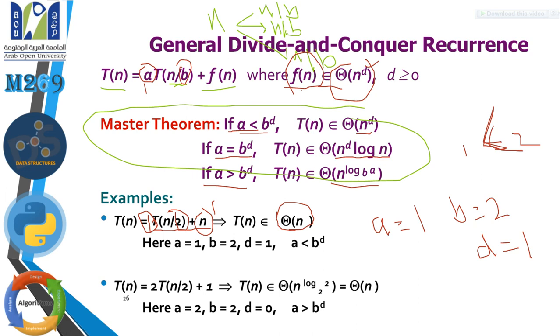Yes. So 1 is less than 2. Is that correct? Yes. So the big O notation of this function is O(n^d), which is n to the power 1, which equals n. So the complexity of this function is O(n).